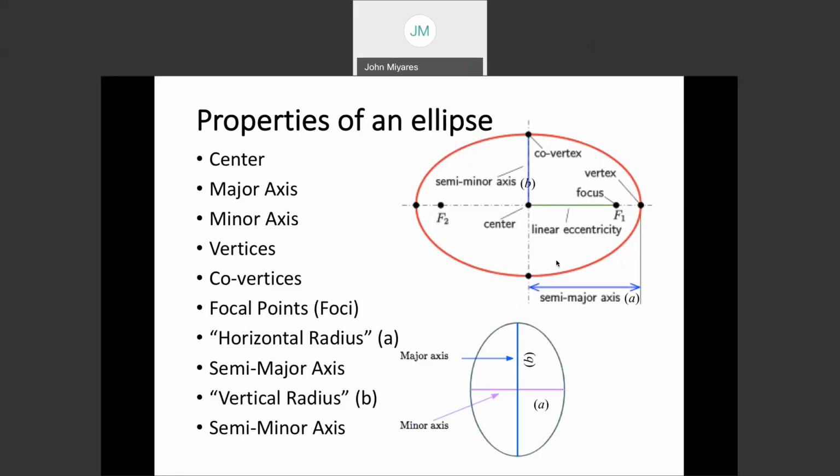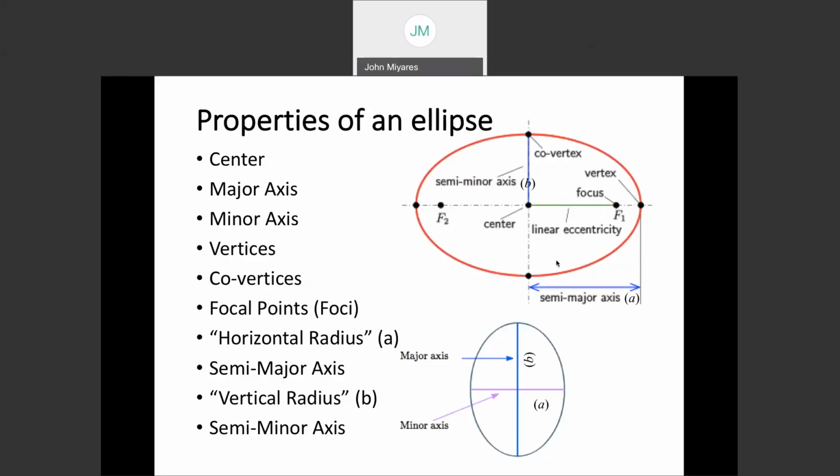These essentially just mean it's half of the major axis and half of the minor axis. And I suppose technically calling them the semi-major axis or the semi-minor axis would be more appropriate to use. However, our textbook doesn't use those terms either. The problem with using those terms is that the semi-major axis is sometimes horizontal and sometimes it's vertical.